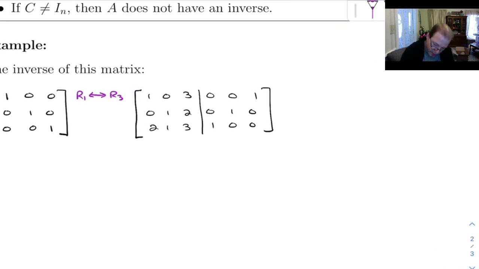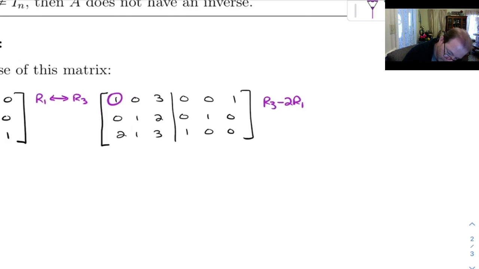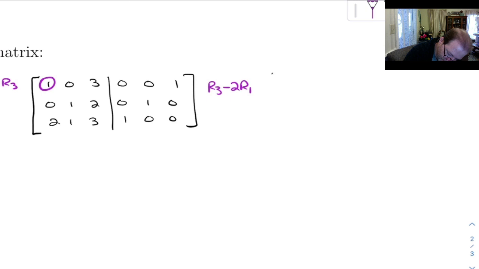All right, now we'll use the 1 up here as a pivot to get rid of the 2 on the bottom. So we'll do row 3 minus twice row 1. Rows 1 and 2 stay the same.